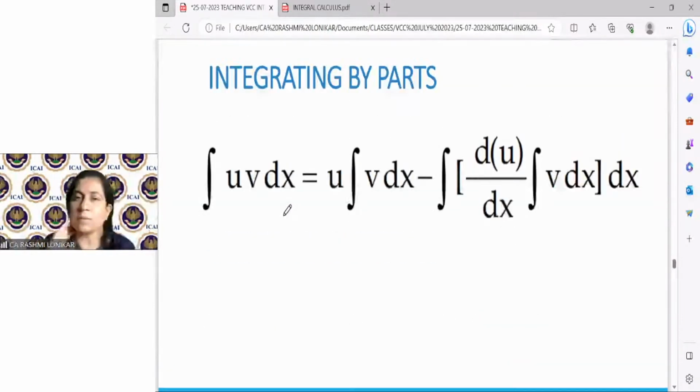Now coming to an important part, that is the UV rule. As we did with the differentiation, I always find it easier to remember in words.